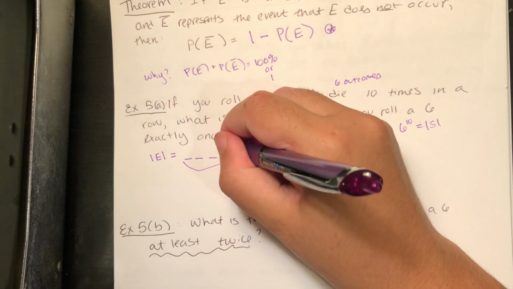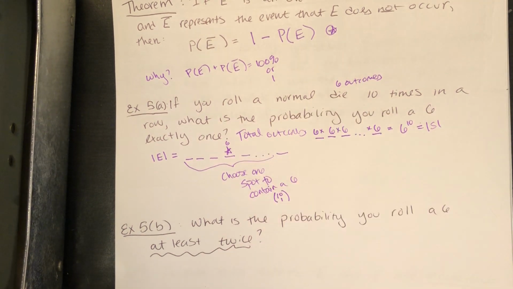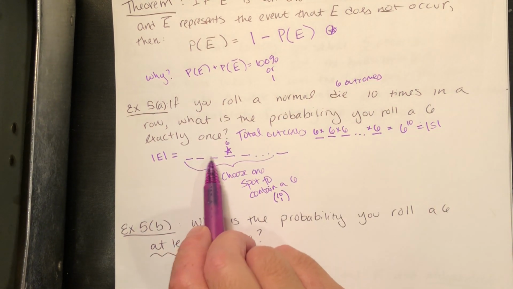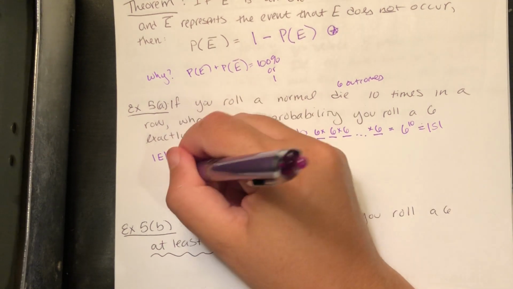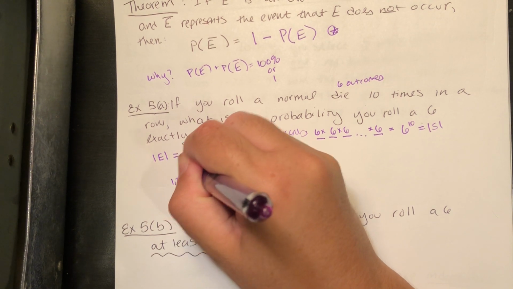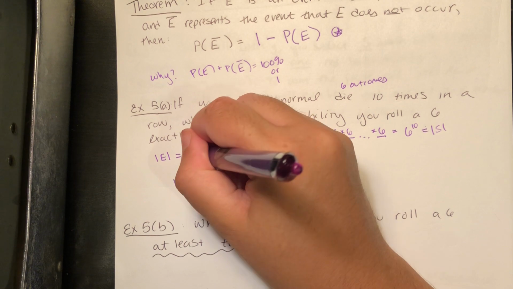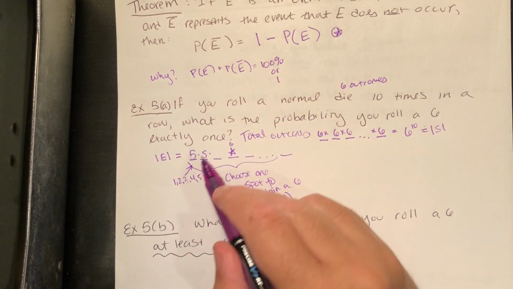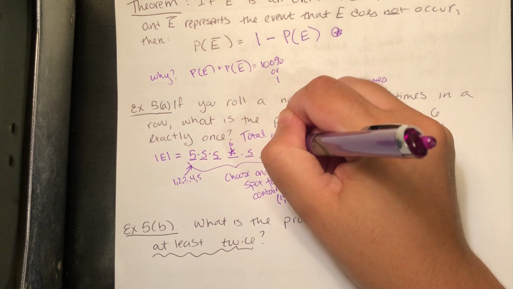All right, having chosen that designated spot, suppose we have to have a 6 here. Every other spot has to not have a 6, which means in every other spot, you can have a 1, a 2, a 3, a 4, or a 5. As long as you don't have a 6, it's okay. So there's 5 options here, 5 options here, all the way down the line.